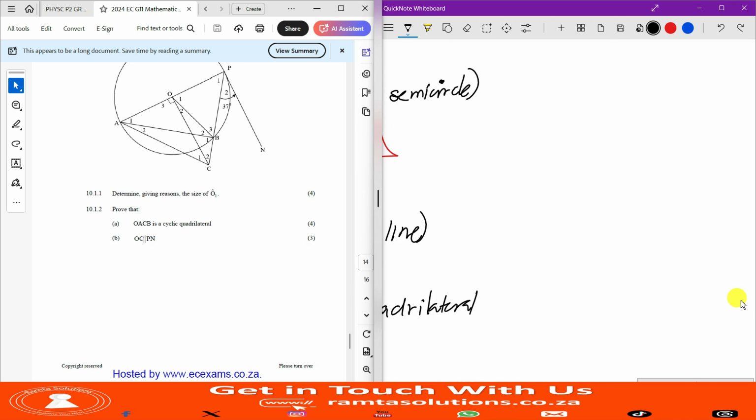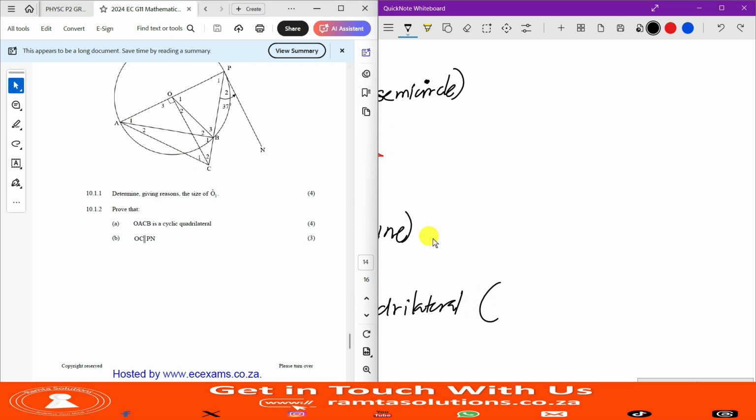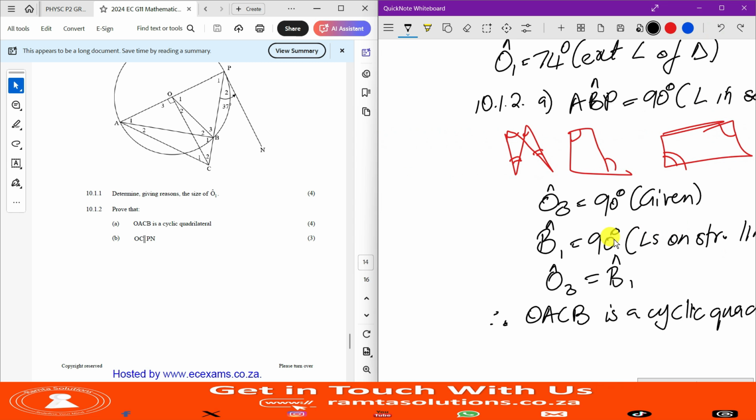And what's the reason? The reason, guys, remember, it was not given that the points were cyclic. So I will say, begin with this, it's a converse. It's a converse of, check this out. This one is 90 degrees, and this one is 90 degrees. So they make this one here.